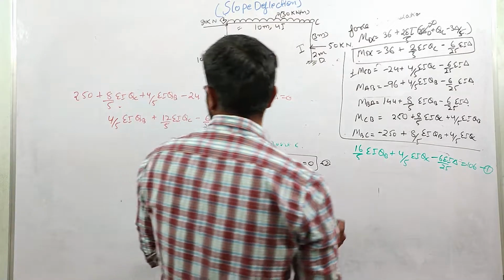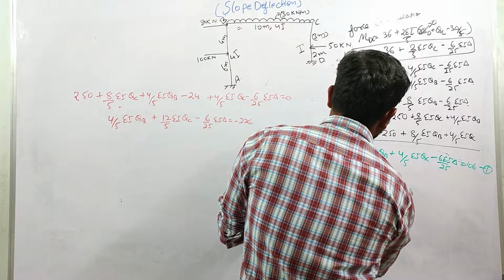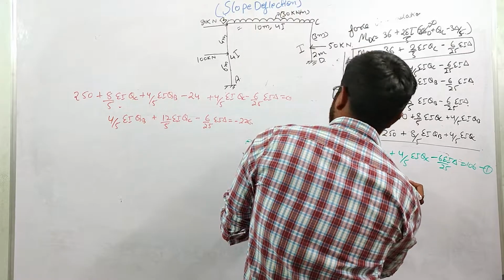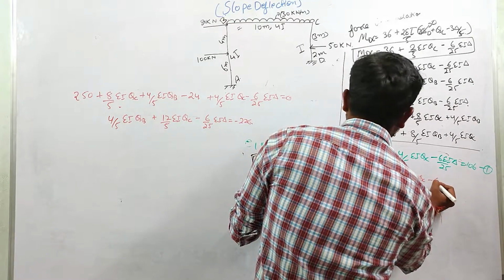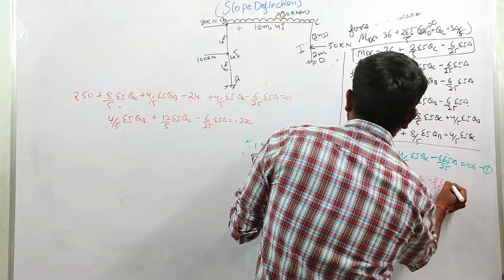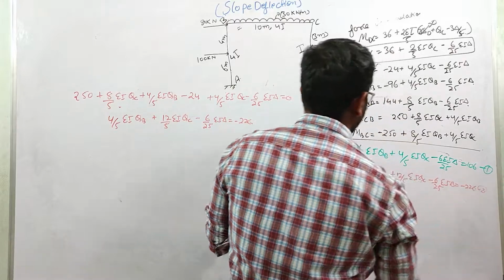So one more equation I'm getting over here is 4 by 5 EI theta B plus 12 by 5 EI theta C minus 6 by 25 EI delta equals to minus 226. This is equation number 2.